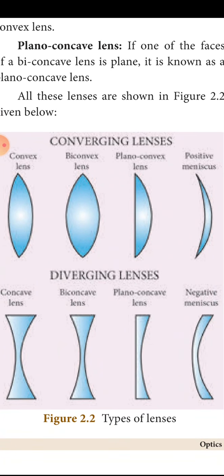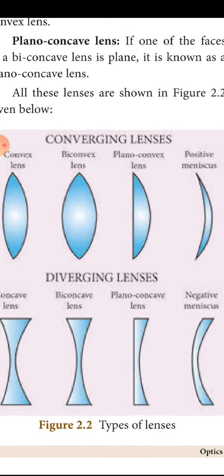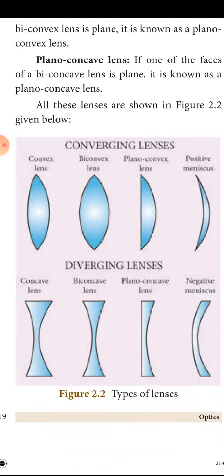Converging lens. The first one you are seeing is the convex lens. Both sides curved, biconvex lens, and next one plano-convex. One surface is plane, another surface is curved, so it is plano-convex. This is positive meniscus.